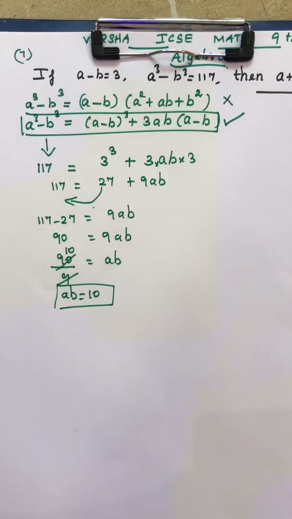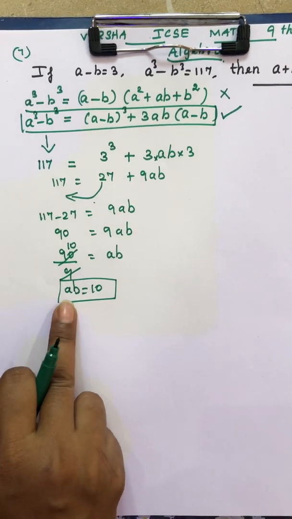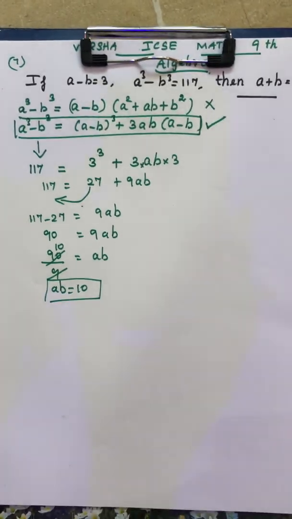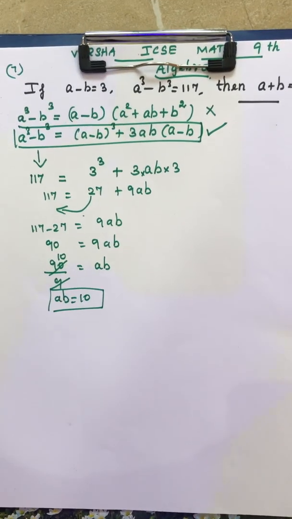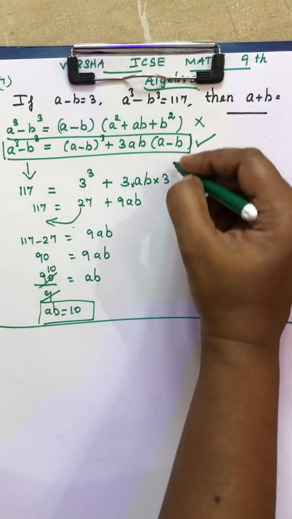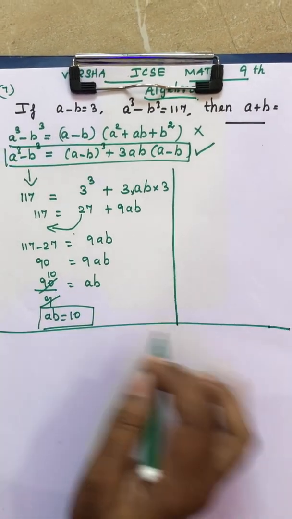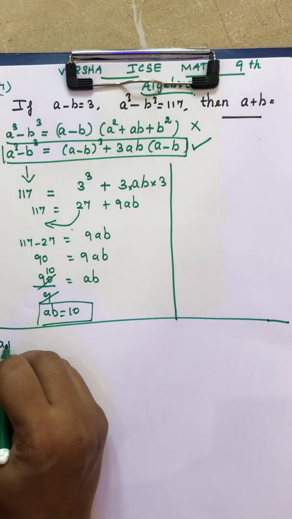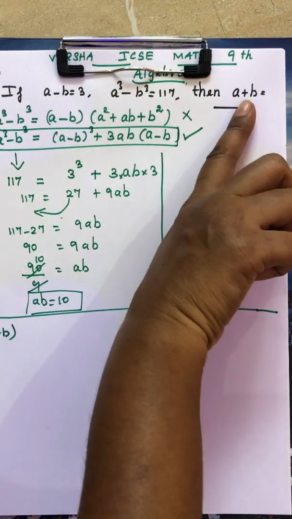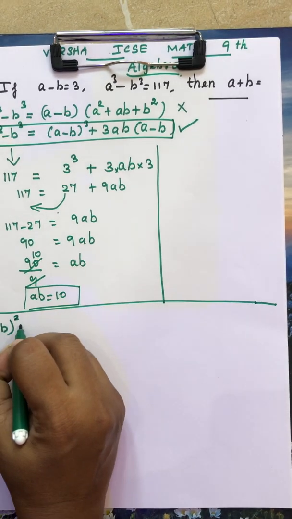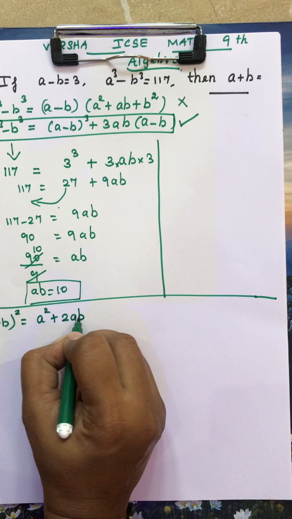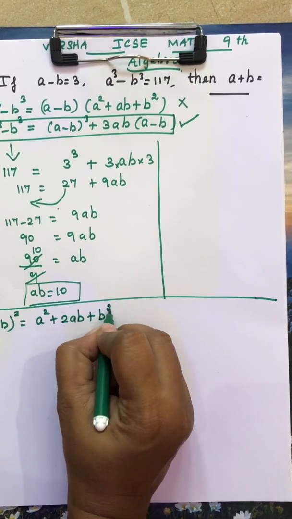Okay students, do you understand? We have found the value of ab, but we have to find a plus b. For that we have already studied the square formula, so we are going to use that identity. What is that identity? a plus b the whole square is equal to a square plus 2ab plus b square.